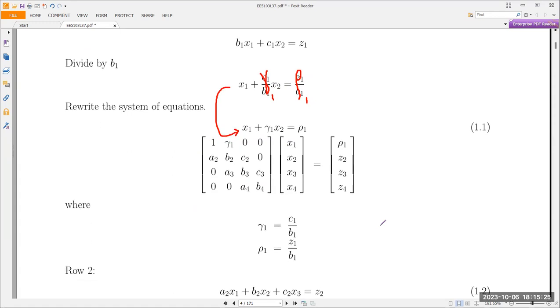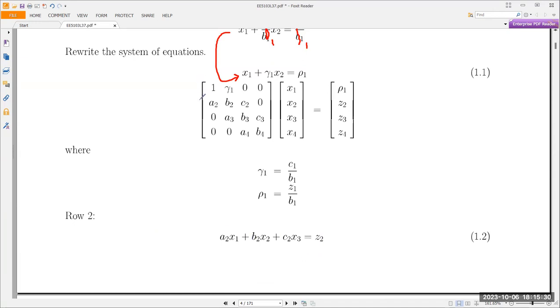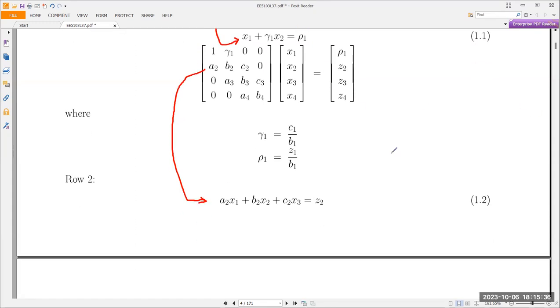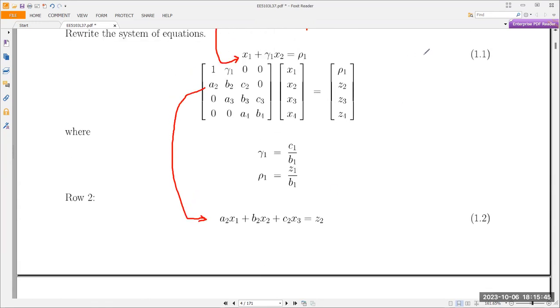So we do row 2. Row 2 is like that, so you take this and write out this equation. After that, you do the following. Equation 1.2, which is this one, minus A2 times equation 1.1, which is this one.